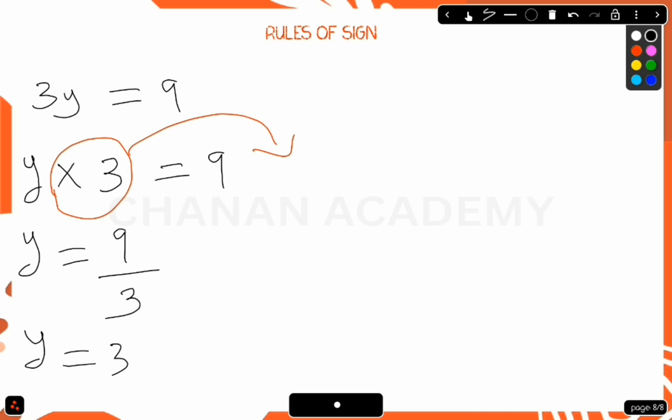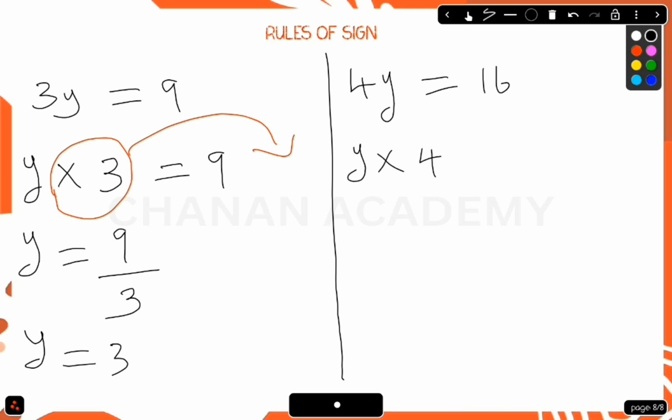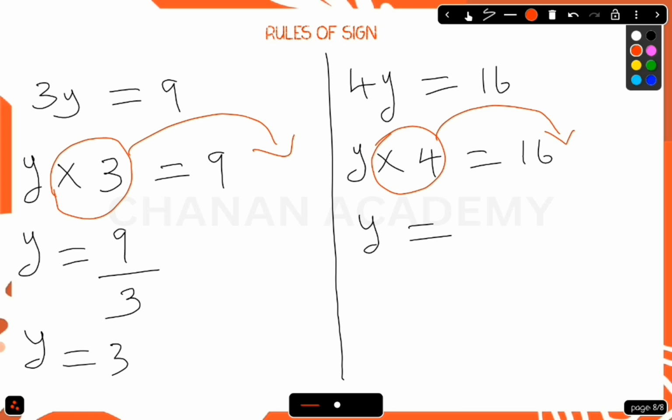Okay, so let's take another example. 4y equal to 16. So we can say y multiplied by 4 is equal to 16. y is equal to 16 divided by 4, and the result is 4.